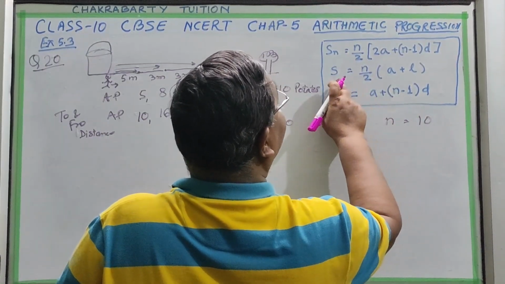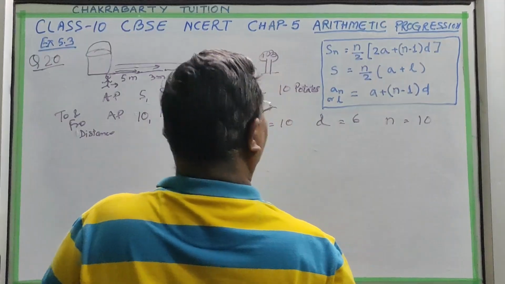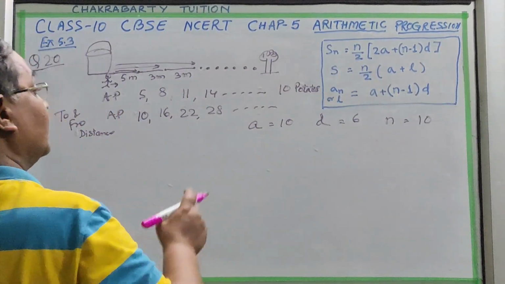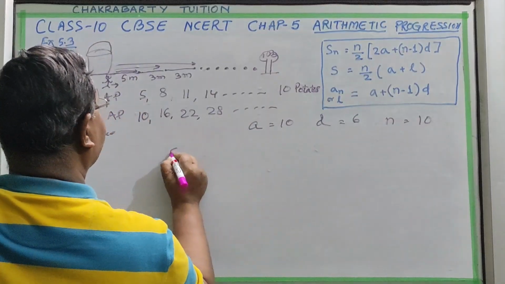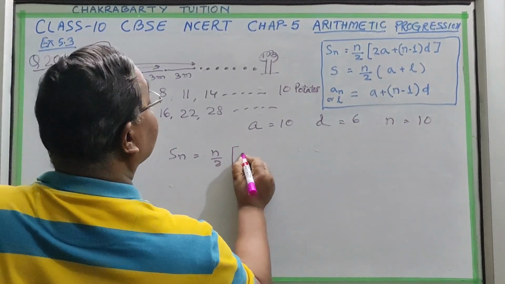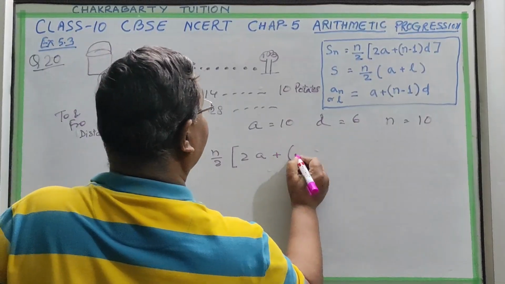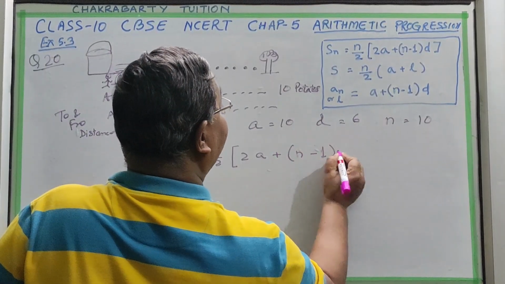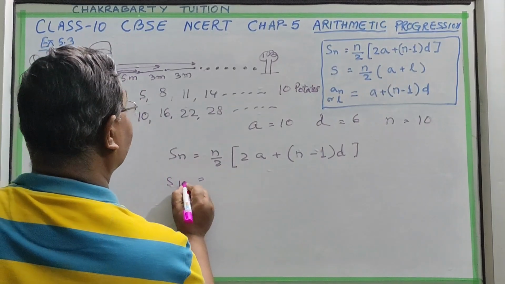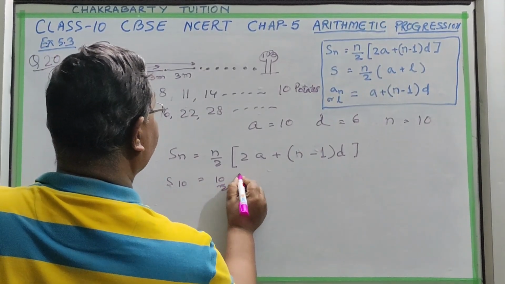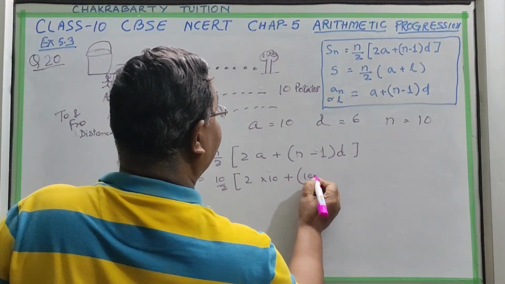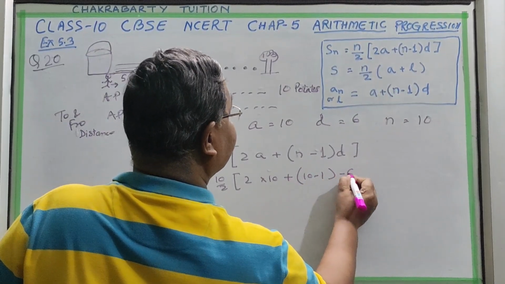And you have to find the sum of the total distance traveled by the girl. So here the formula is Sn is equal to n upon 2 times 2a plus n minus 1 times d. So here we want to find S10. 10 by 2 into 2 times 10 plus n is 10 minus 1 and d is 6.